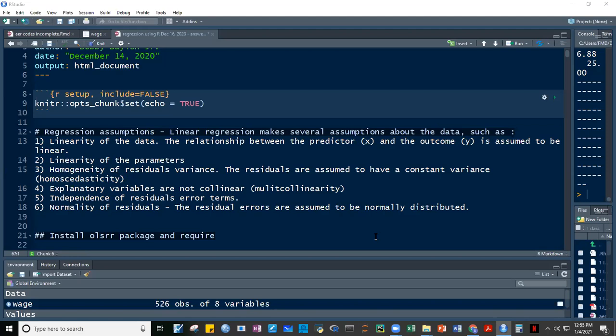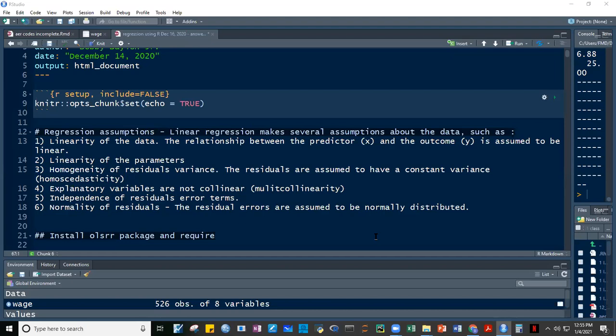Okay, dapat also yung explanatory variables natin, yung mga x's natin, hindi dapat collinear. Kasi pag may collinear sila, guys, we might have a condition called multicollinearity, and this can be seen in the VIF, yung variance inflation factor. And then independence of residuals of error terms.